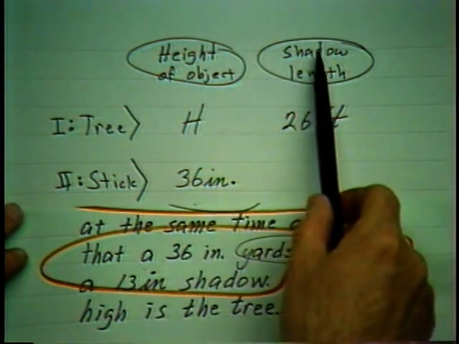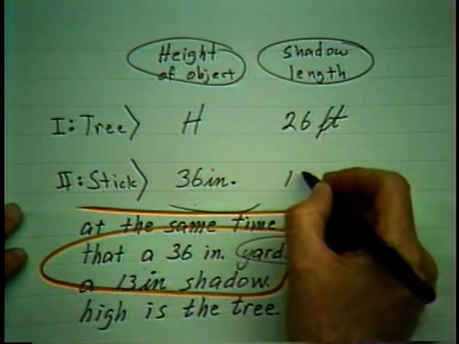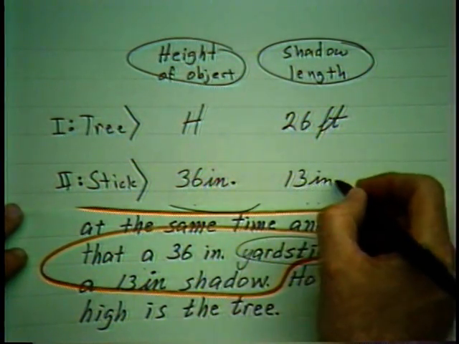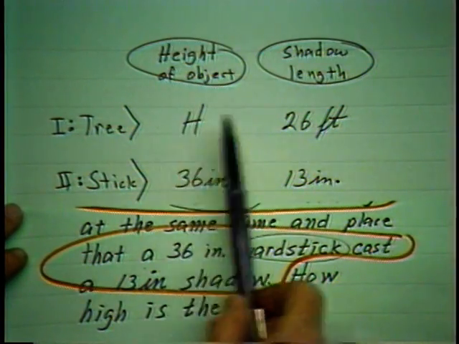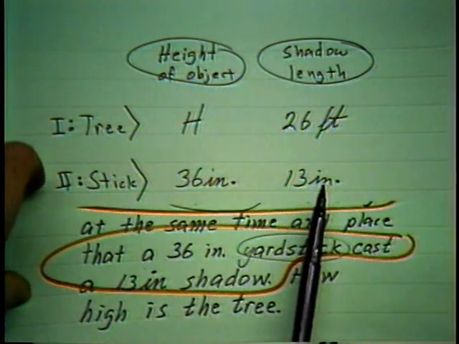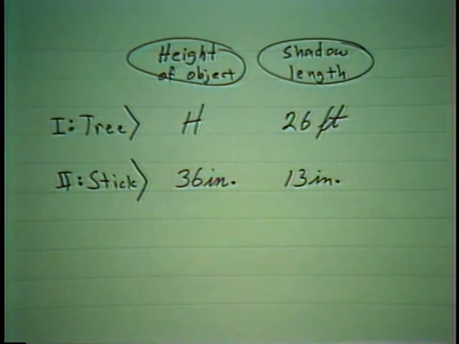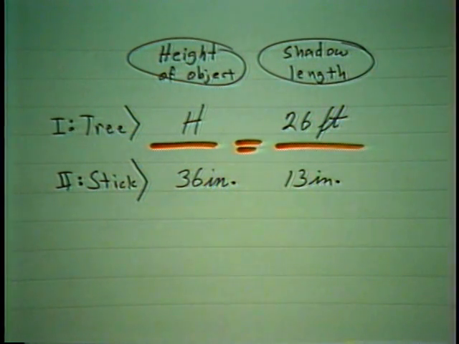And its shadow is 13 inches. So first situation, height, shadow. Second situation, the stick, height, shadow. Now at that point, our translation is over and we have our proportion to be solved.